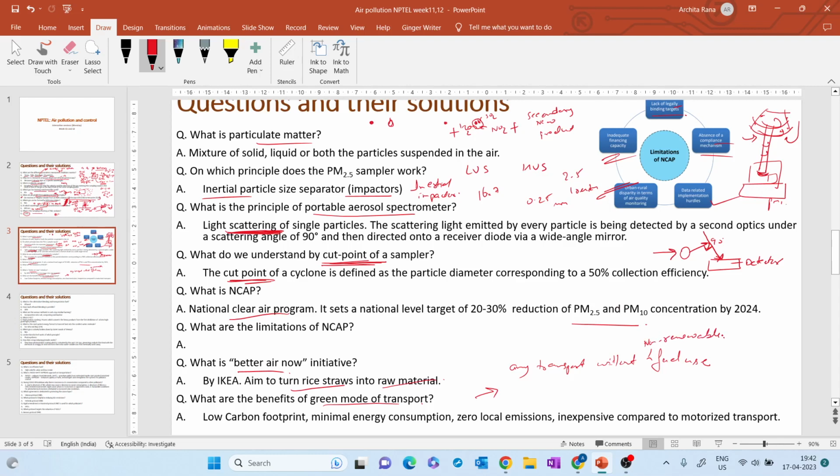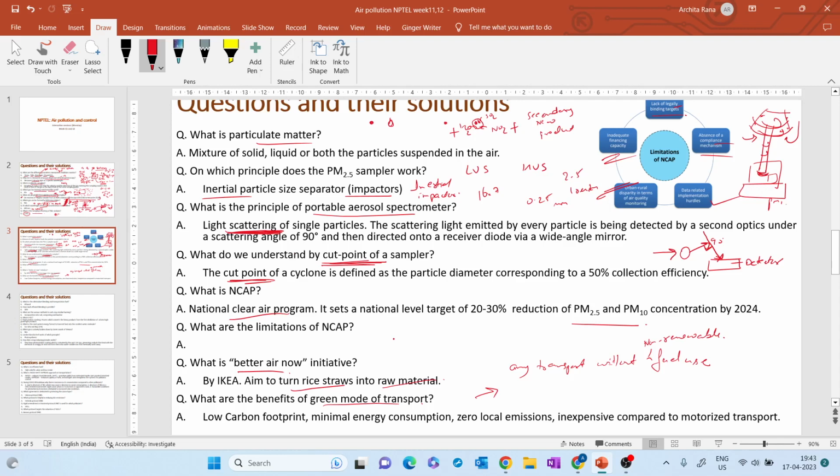For example, if you cycle, use rickshaws, or use electric autos, then you are using a green mode of transport. If you are walking, that is also a green mode of transport. Generally, green modes of transport in India are not very well used, but in other countries people emphasize the use of bicycles as a transport mode.